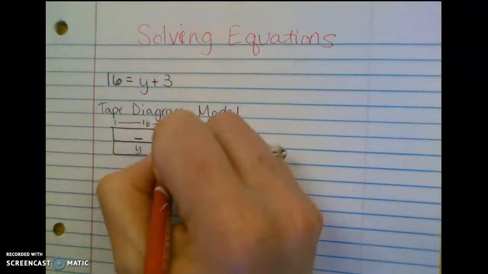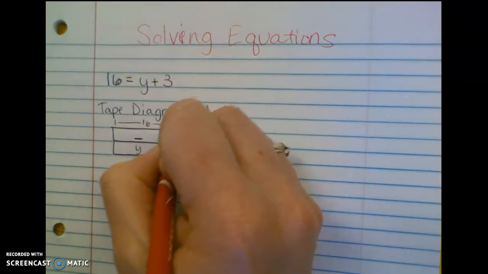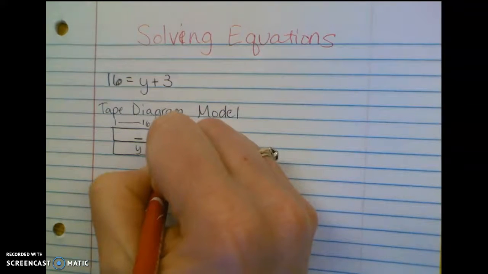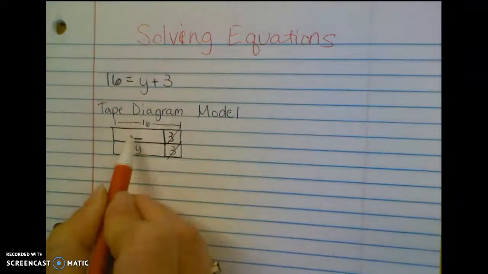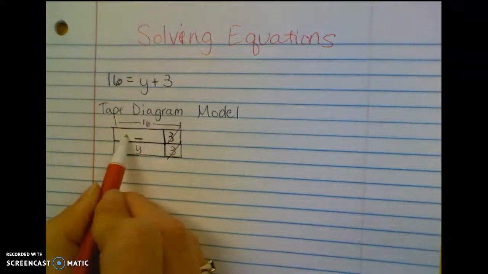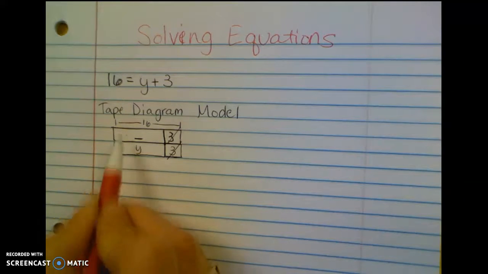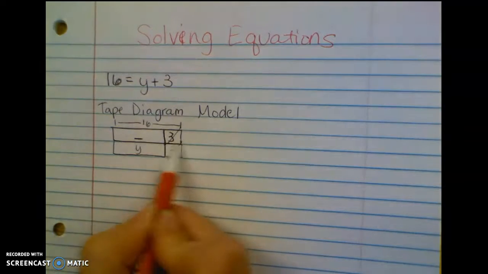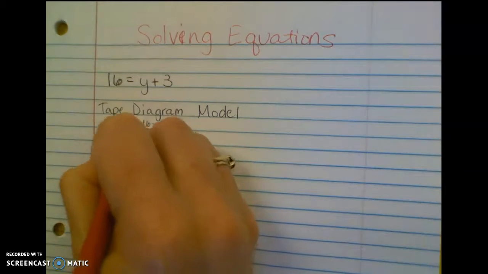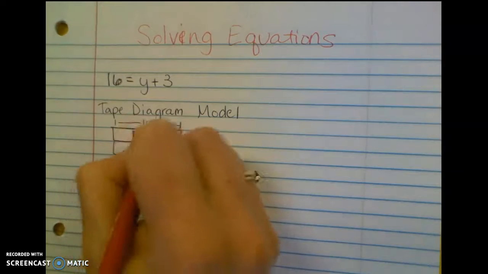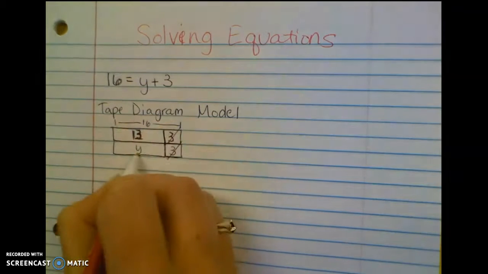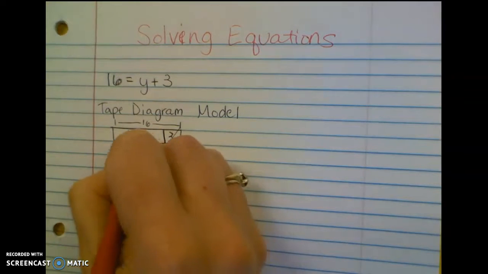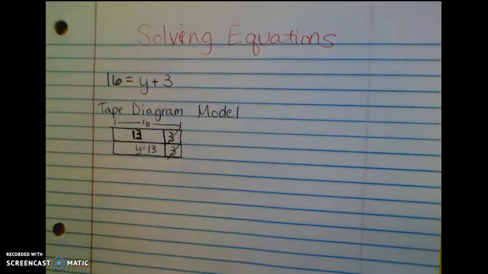So if I get rid of these 3s, that'll leave me with what's left over on this bar diagram and what ultimately is left over here for y. So I'm going to take 16 minus the 3. That leaves me with 13 right here. So if 13 is this piece, then y is the same as 13. So y has to equal 13.